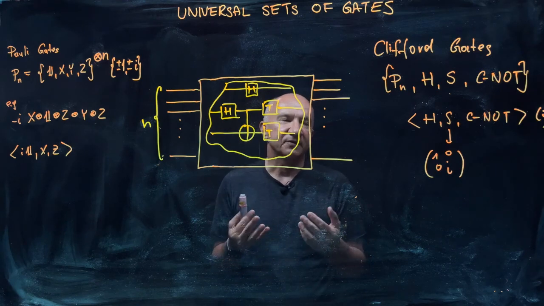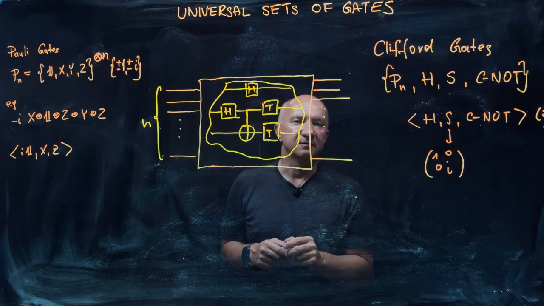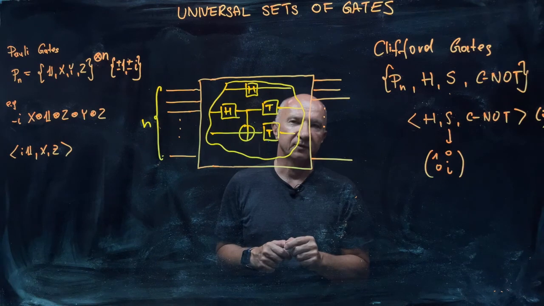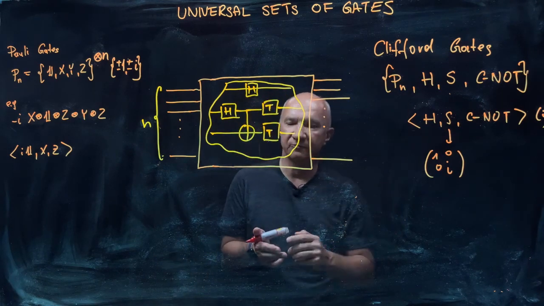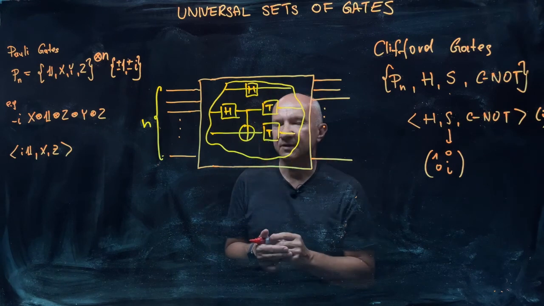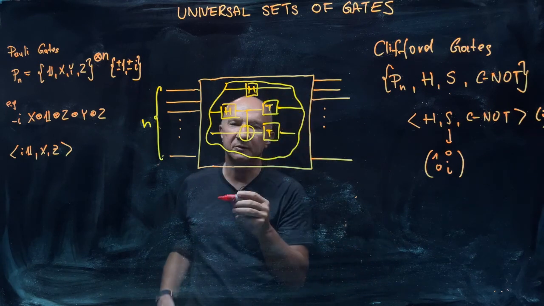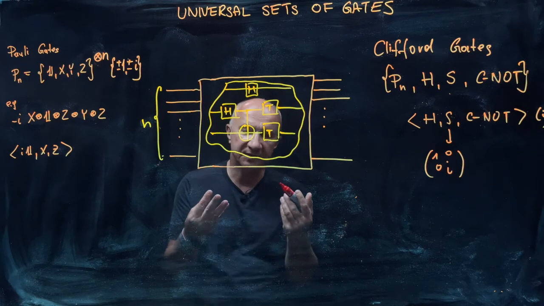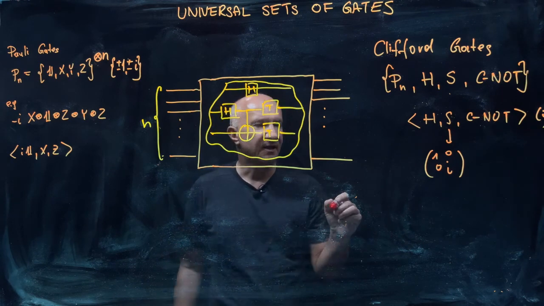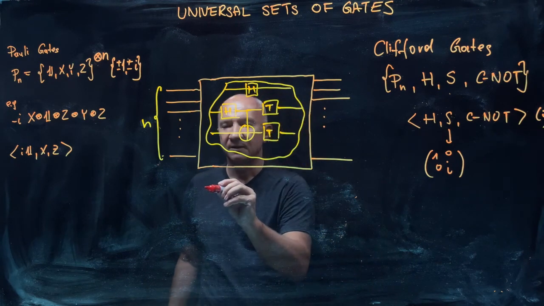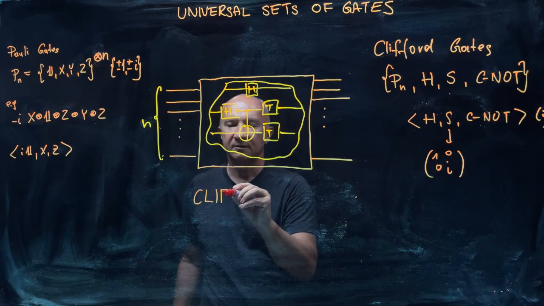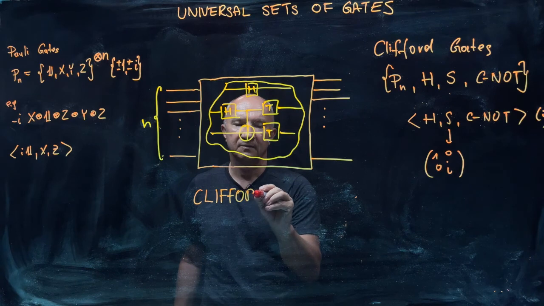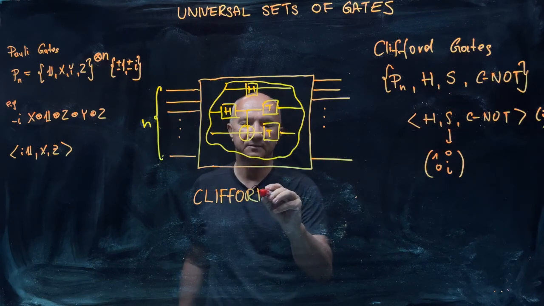However, what is interesting is a tiny addition to the Clifford group, namely taking Clifford and adding anything that is outside this group. The most common, most useful and most studied choice is adding the T gate. So we are now talking about the class of gates which is Clifford, so you know all the Clifford gates, right?